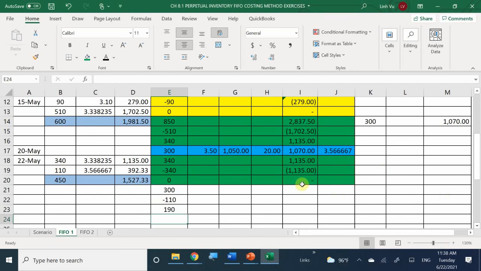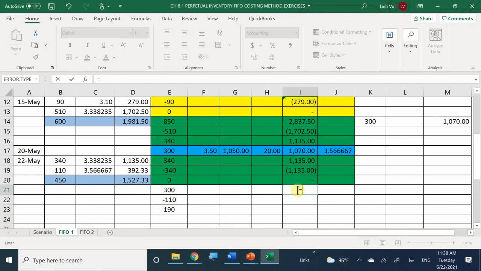Good. Same thing here. If I started out with 1070 and I'm subtracting out $392.33, how much should be my remaining balance? $677.67.